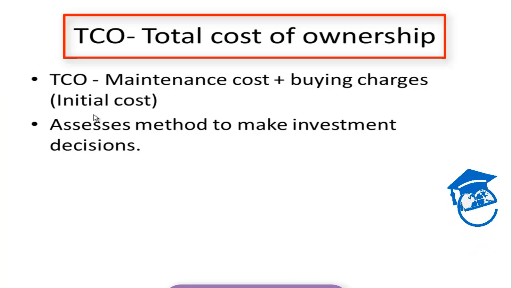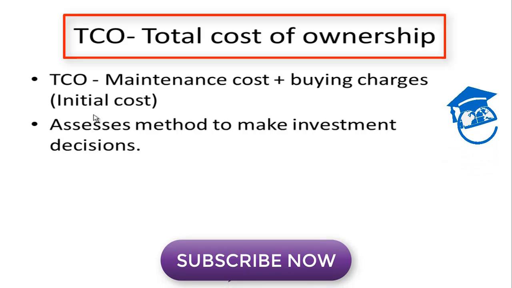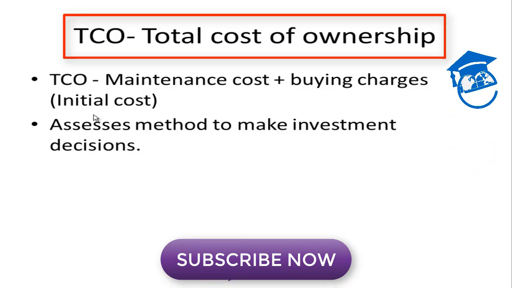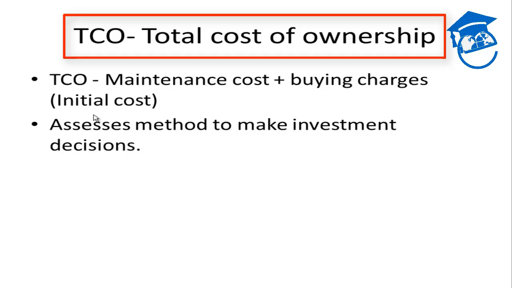Because it gives you some idea about the financial management, you can say, the finance that you are putting in. So that's why it helps in assessing the different methods. You can assess the different methods, that how you have to make the investment, and you can take the decision to provide the service in a particular way by choosing any method.